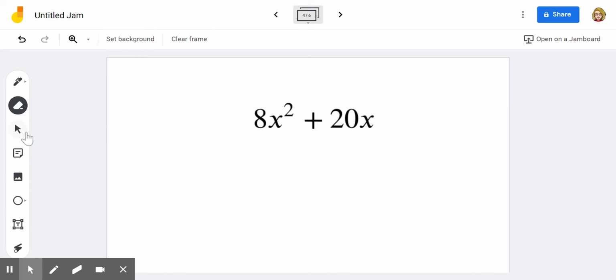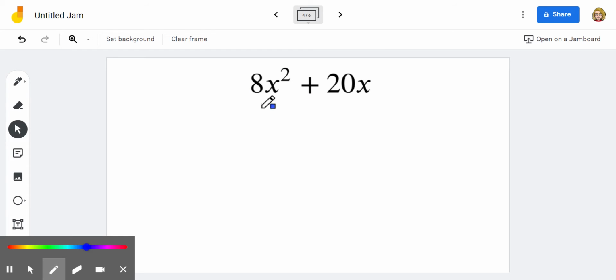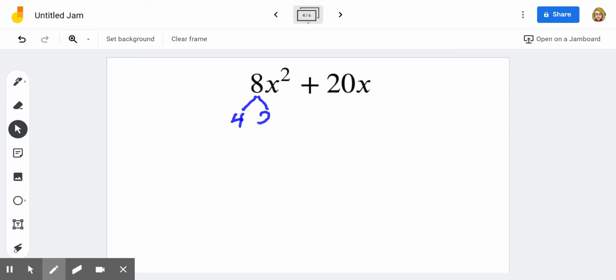So our first problem that we have is 8x squared plus 20x. So we're going to first factor each term. So I'm going to take 8 and factor it, and I can factor it into 4 and 2. And then 4 I can rewrite as 2 times 2. 20 I can factor as 4 times 5.